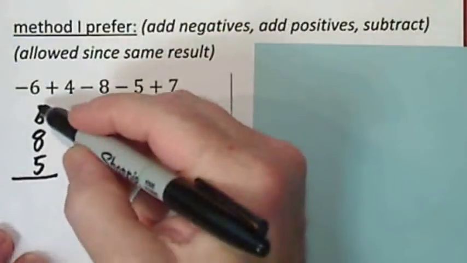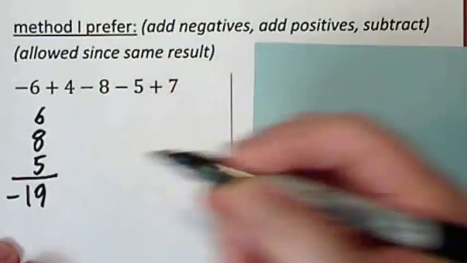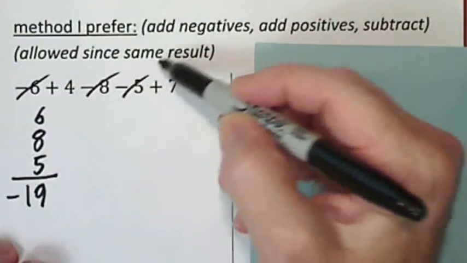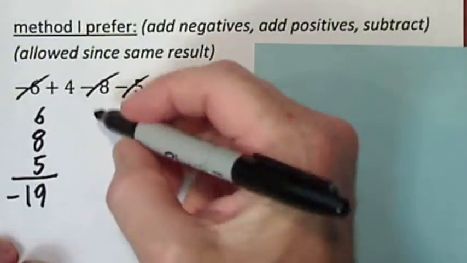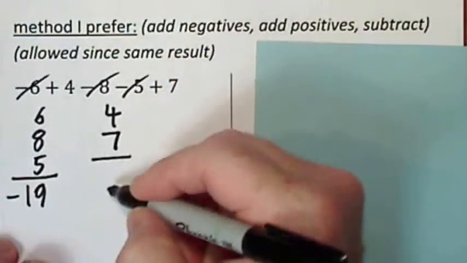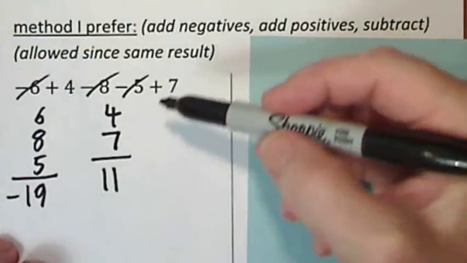They're all the same sign, so I'll add them. 11, that's 19. And again, that's negative. I have a 4 and a 7 that are positive. Combine them, that gives us a positive 11. And I only have to do one subtraction.